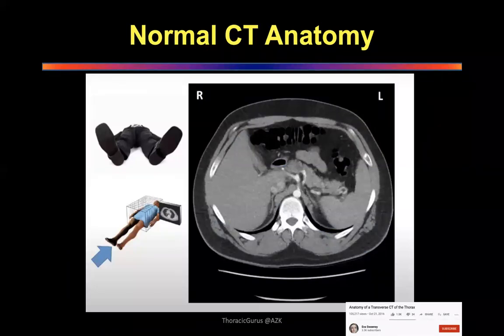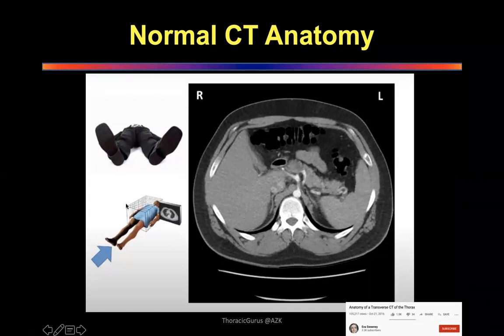So whatever slice that you are seeing, this side becomes the right side of the patient, not your right side. It is the right side of the patient, and this is the left side of the patient. Remember I said, this is a loaf of bread. The CT scan is slicing the loaf of bread. You are looking at the image from below up. It's not from above down, it's from below up.